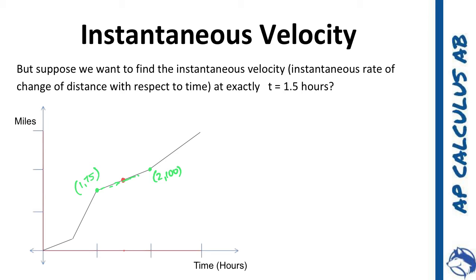Anywhere in this section, it should model that exact same velocity, because the tangent is going to be straight on that line. So in this scenario, I could do 100 minus 75 over 2 minus 1, which ends up being 25 miles per hour. And that was definitely a construction zone. We were going very slow.